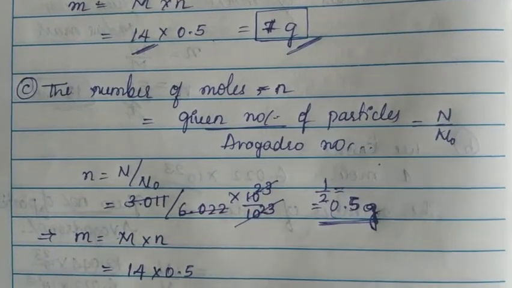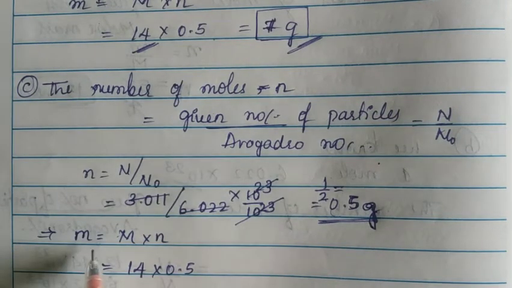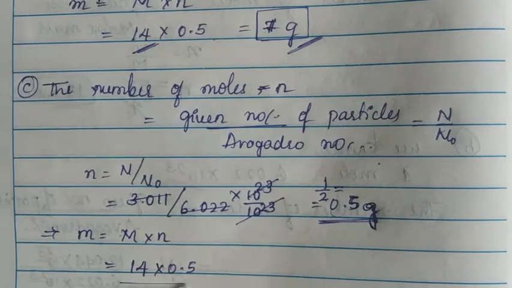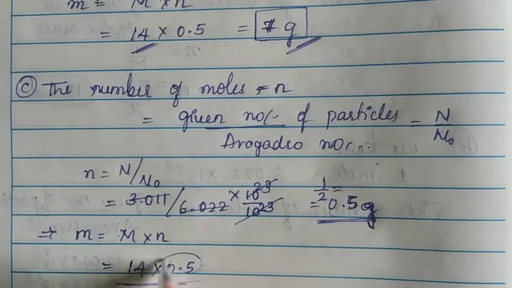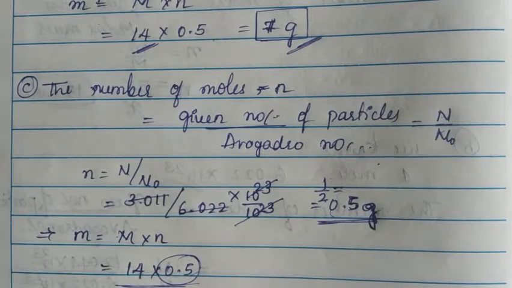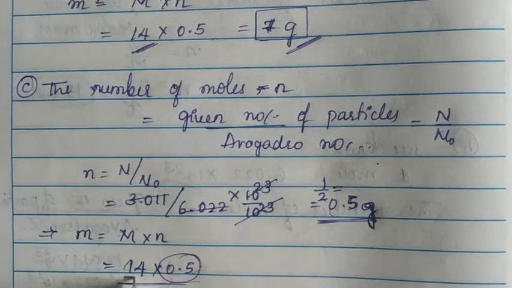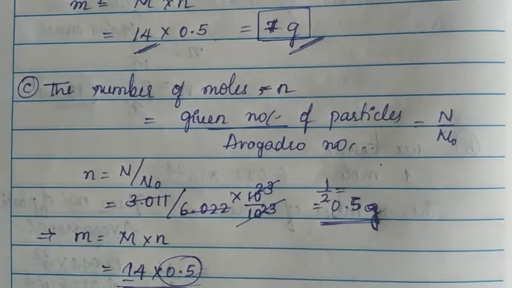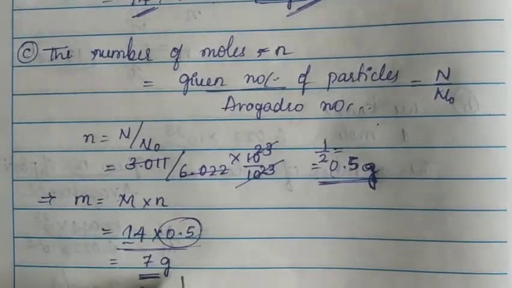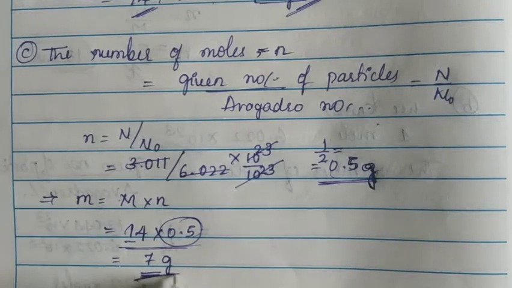And here the mass is equal to m into n. Yes, 0.5 is the number of moles, and the mass of nitrogen is 14, you know. That is multiplied with 14. 14 into 0.5 gives 7 grams.